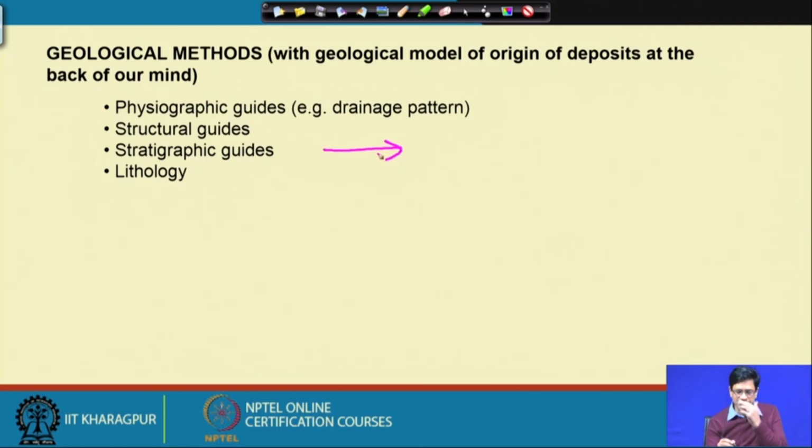Of course, unconformities are also structural, but they are important stratigraphic markers, and they act as traps in which mineralizing fluid deposits its metal content and gives rise to very rich mineral deposits, like the unconformity controlled uranium mineralization in the Athabasca basin and in other parts of the world.